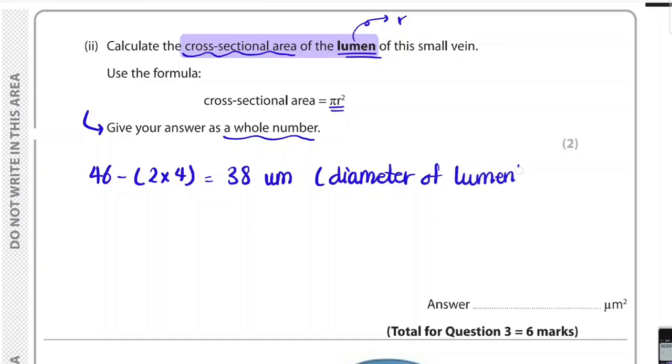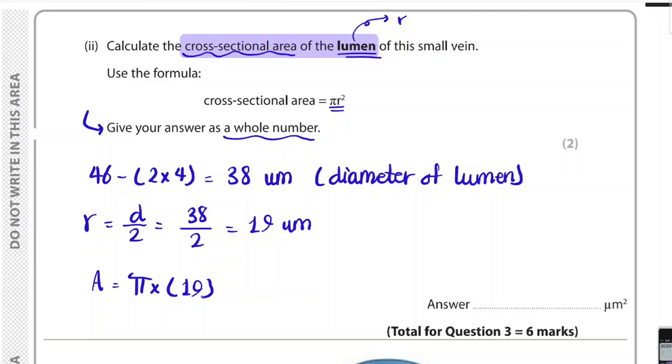We need the radius to substitute into the equation. So the radius simply is the diameter divided by 2. 38 divided by 2 is 19 micrometers. Now we can finally use this to get the area. Area, or the cross-sectional area of this lumen, is pi times 19 power 2.